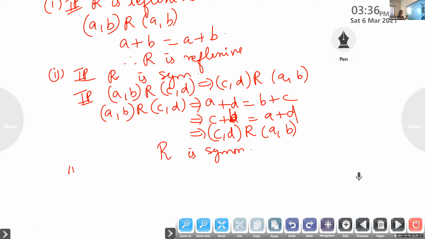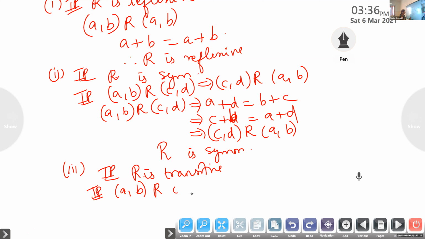Now, third one, to prove R is transitive. So, for that, what do you have to prove? Suppose (a, b) is related to (c, d) and (c, d) is related to (e, f).